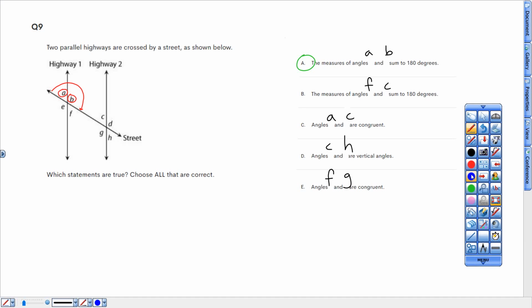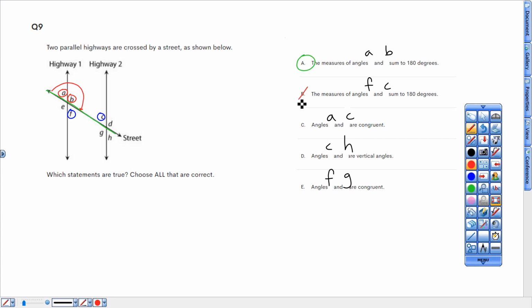F and C, these with my eyeball I could see are the same size, or on either side of that line through the middle, that transversal line, angles on either side always equal. But if I look at F and C in terms of 180, that's not going to be good, because two angles that are equal don't add up to 180.